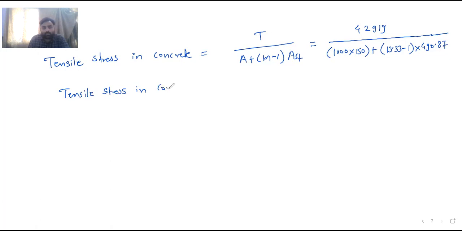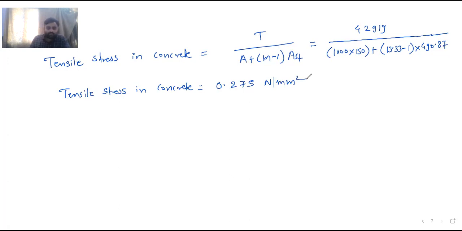So if you solve this, then you will get the tensile stress in concrete, that is 491 divided by 150 into 13.9, so you will get the answer as 0.275 Newton per square mm.